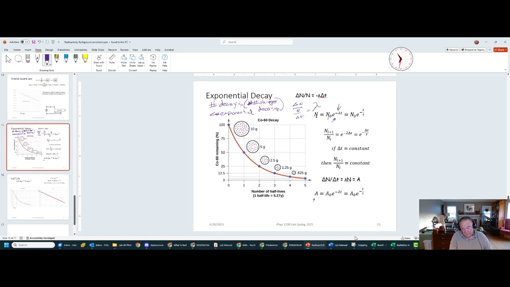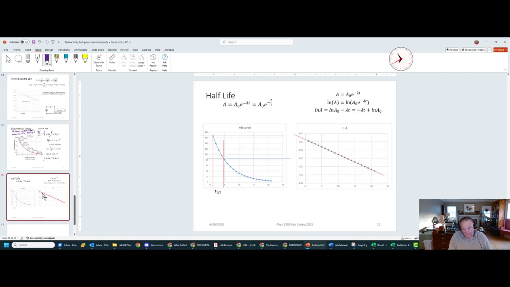And basically, you can decide any one of them is the starting point. Oh, wait, I'll do that on the next slide. So we can define this thing called a half-life. We can pick anywhere on this curve. I just happen to pick right here, and that's at about 170.